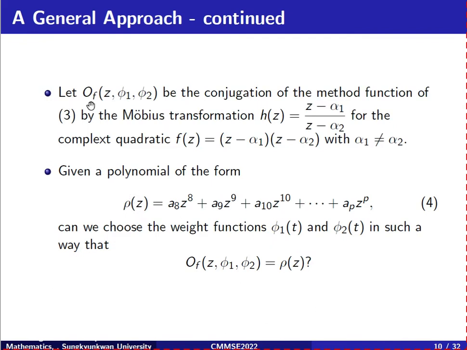Let the conjugation of the method function of this method be taken by the Möbius transformation, for a complex quadratic with distinct roots. Given a polynomial of the form like this, the question is, can we choose the weight functions pi1 and pi2 in such a way that the conjugation of the given method is the given polynomial in general form, F4?